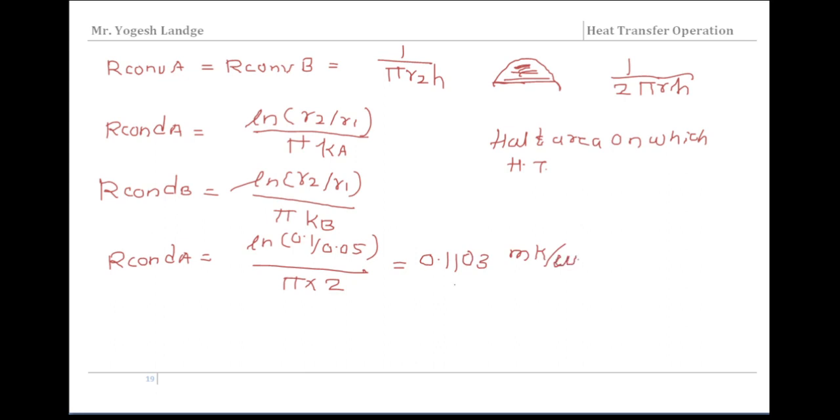Similarly, I have another term, R conduction B. I can write a formula for that one and put in the values of R2 and R1. Here the value of R2 is 0.1 and R1 is 0.05.